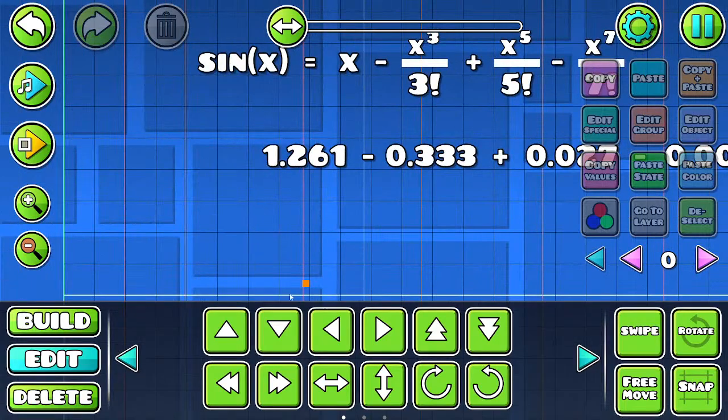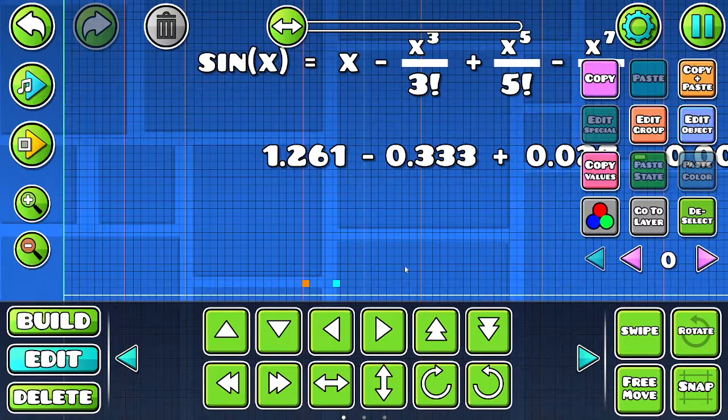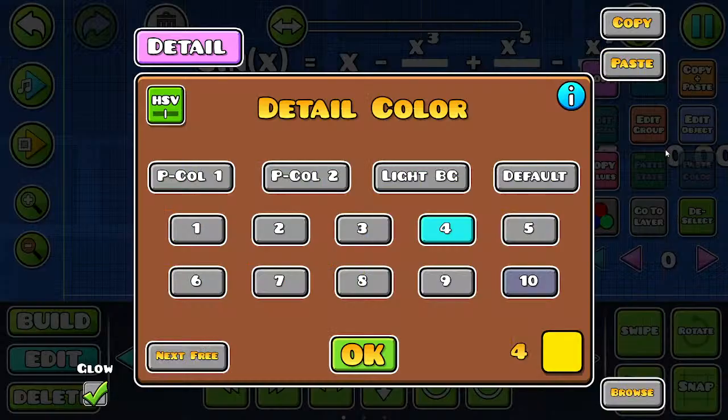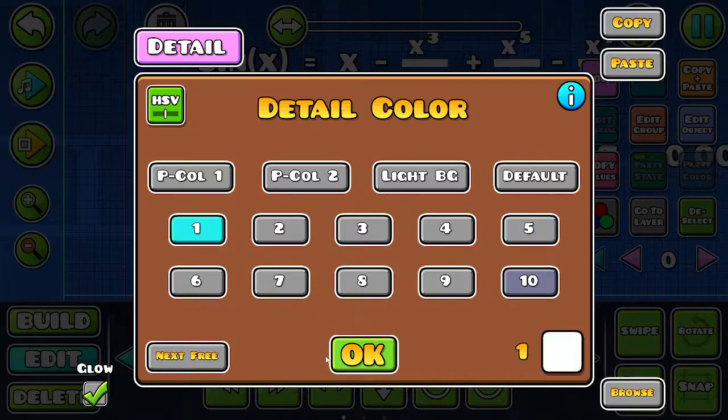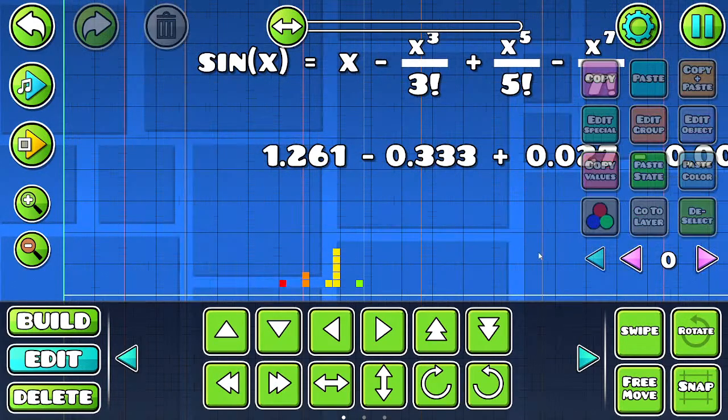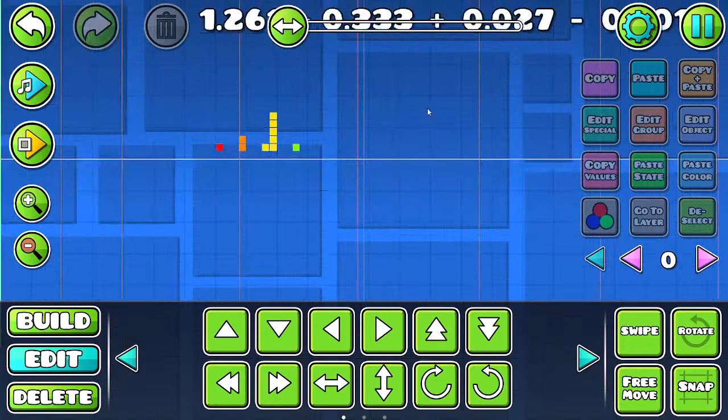All right, now I have to set up 1.261. 1, 2, 3, 4, 5, 6, and then 1,000, and then one whole number. I have to subtract a third.